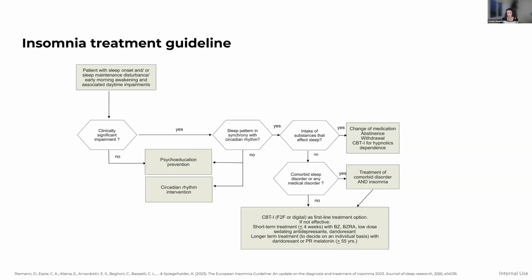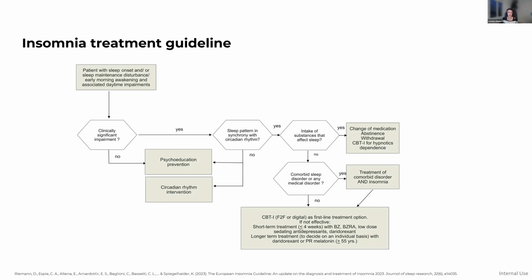So one important thing that I want to mention here already is the issue with the comorbid disorder. There's a very famous sentence from a sleep professional who always said, insomnia is insomnia is insomnia, which very much says that no matter how insomnia is present, it should always be treated.